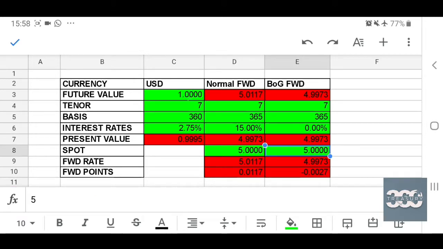The present value of $1 is still 0.9995, and that leaves us with a present value CD amount of 4.9973, which will now be moved forward for 7 days, invested for 7 days at a 0% interest. All right, so this gives us 4.9973. So in this instance for BoG, we want to say that $1 is equivalent to 4.9973 in this example.